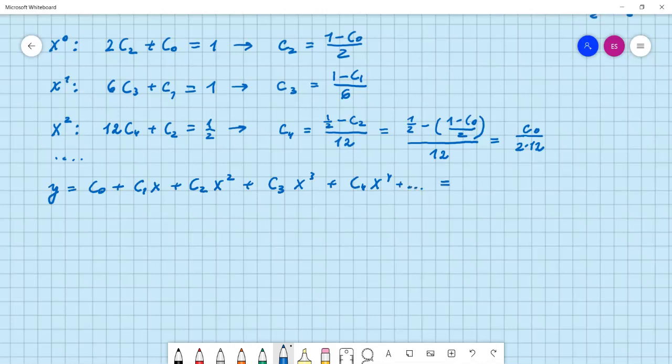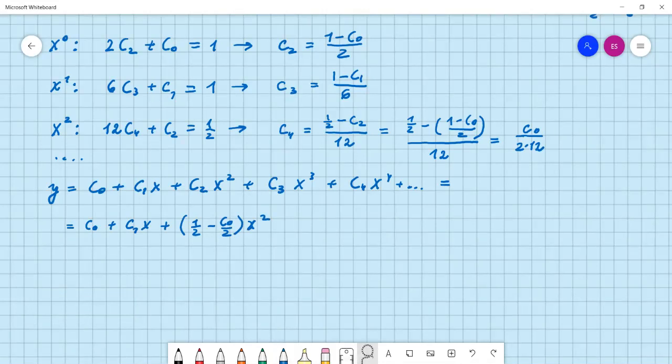Because I did not calculate more, I'm going to limit myself to c0, c1, c2. So c0 is just c0, right? c1 is just c1. For c2, we have the formula, and it's 1 over 2 minus c0 over 2, times x squared, right?